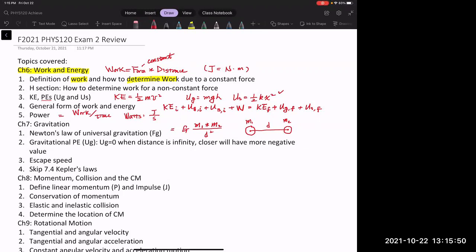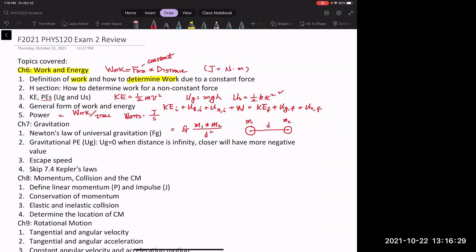The one kind of thing that we define for the gravitational potential energy is this. It probably is not obvious, because when you learn gravity, we always make the ground the 0 location. But when we define the universal gravitational potential energy, we define the distance at infinity to be 0. So if you have things far away from each other, then we say there's no potential energy, so the potential energy is 0.